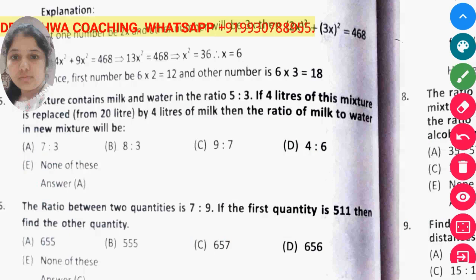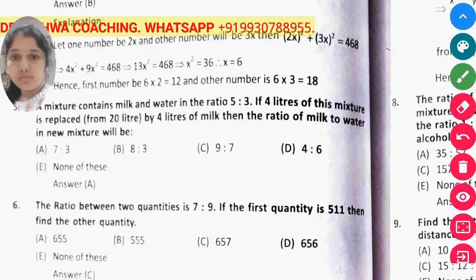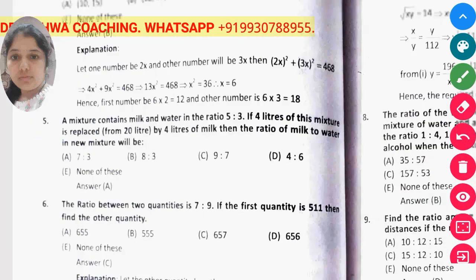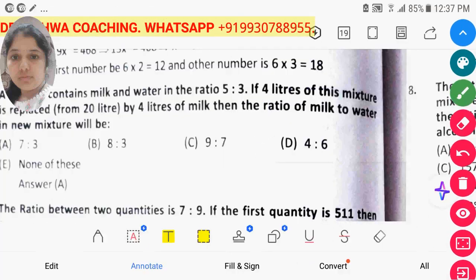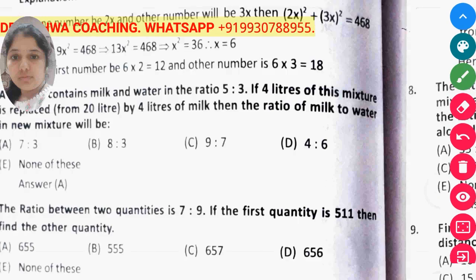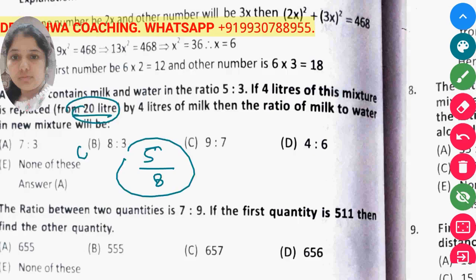So see, here we had done so many things. Try to understand. The ratio is given and the total quantity of mixture is given. So if in 8 parts 5 parts are milk, in 20 parts we take out the volume of milk, and after the volume of milk we take out the volume of water also.